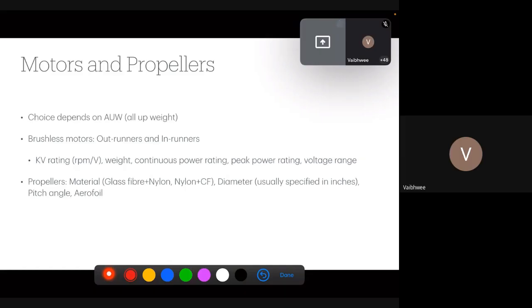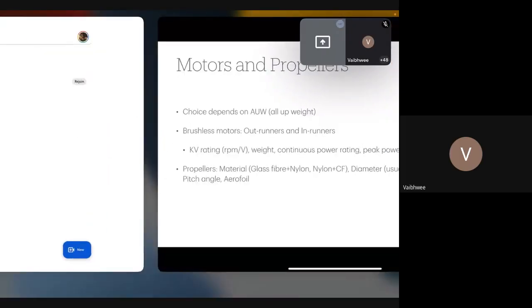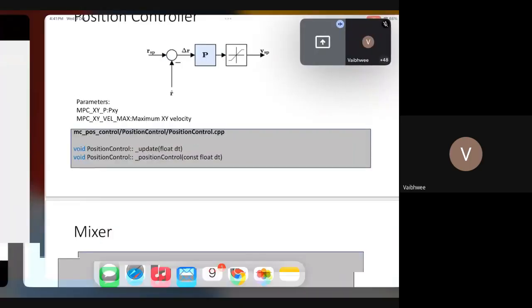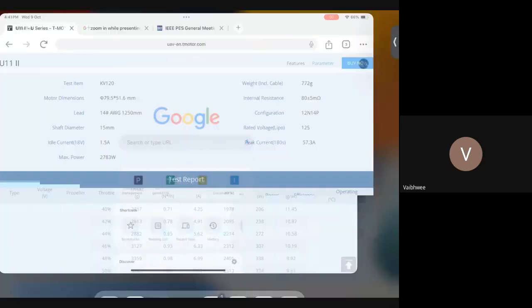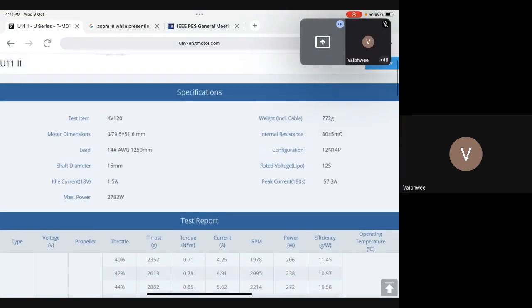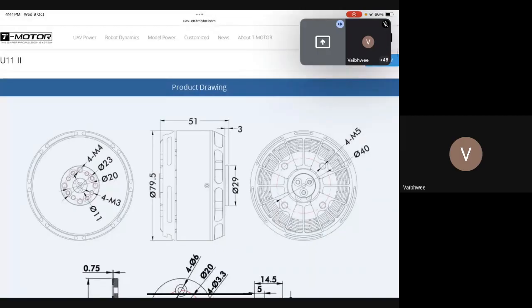Now I'll show you a typical motor rating. Let me see if I, sorry, not this. Yes. This is a typical motor rating for a T motor. If you go to any good motor seller or brand, this is a T motor.